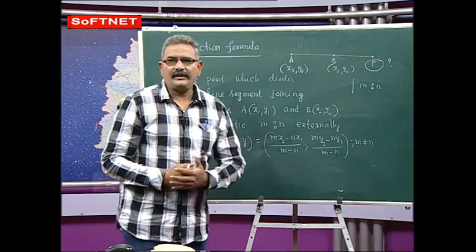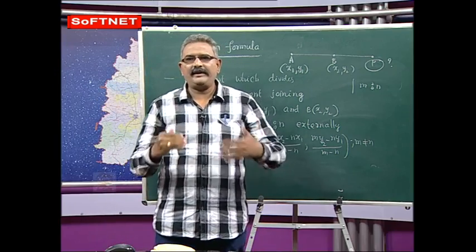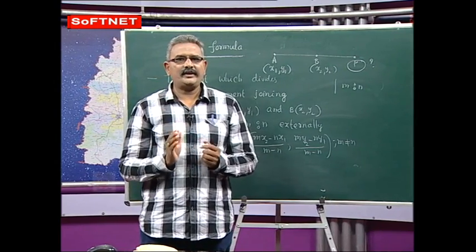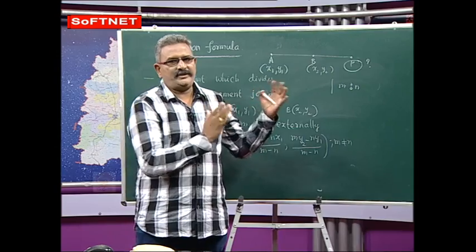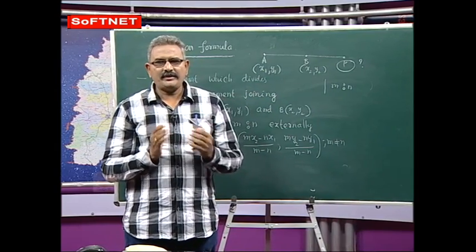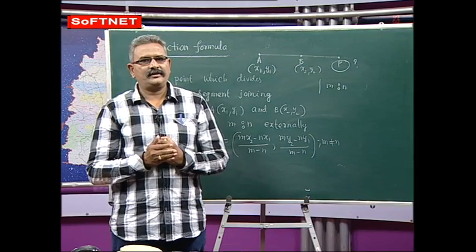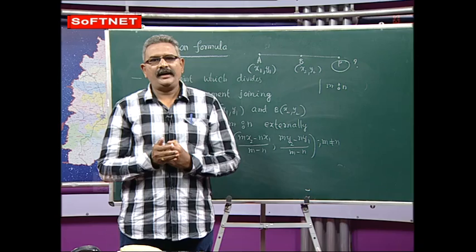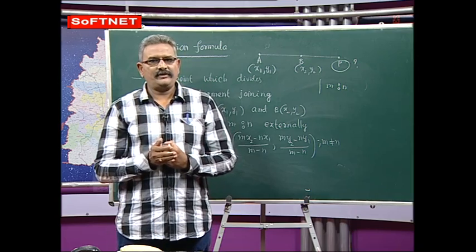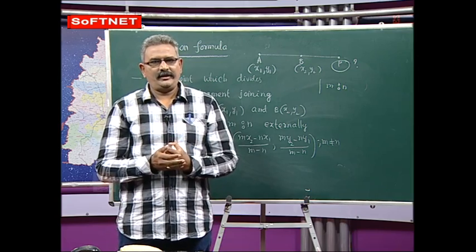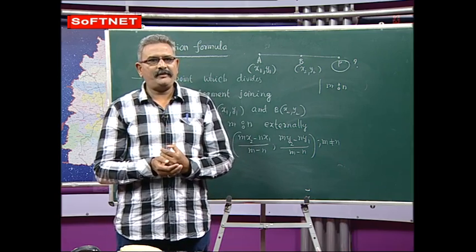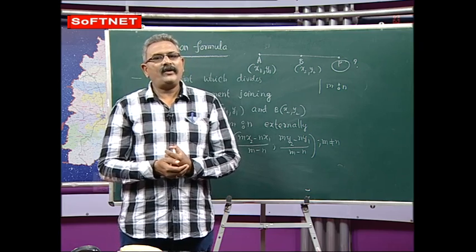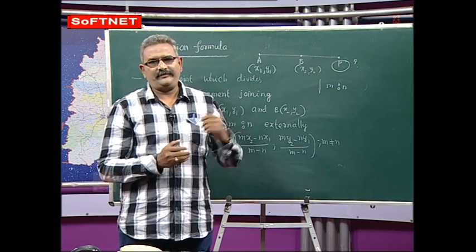Okay, let me repeat once again, because the section formula is very, very important. The point which divides a line segment joining the points A x1, y1 and B x2, y2 in the ratio m is to n internally is mx2 plus nx1 by m plus n, comma my2 plus ny1 by m plus n.